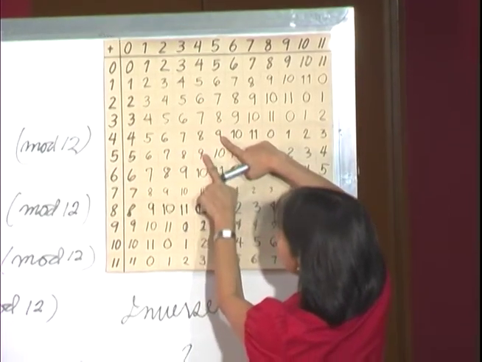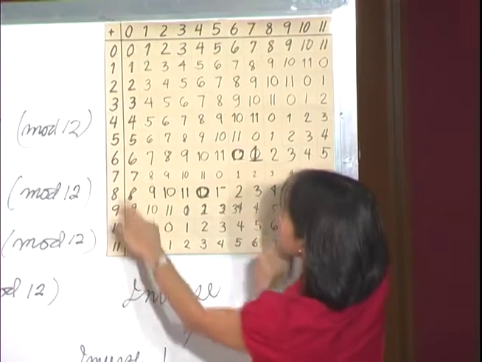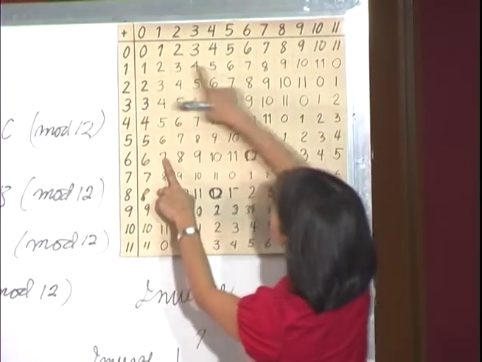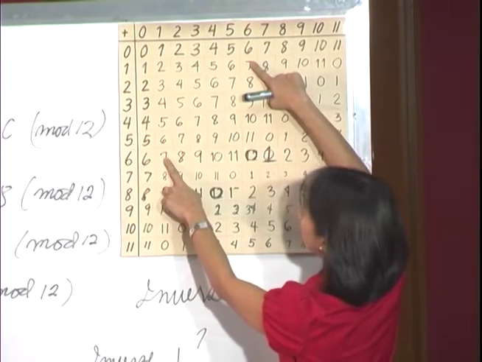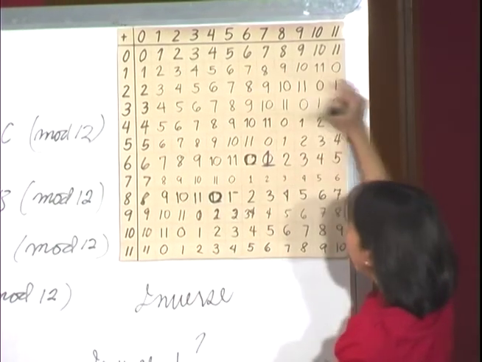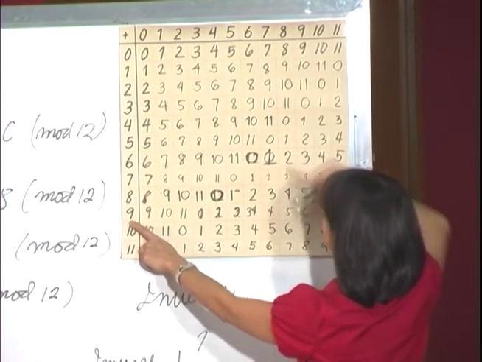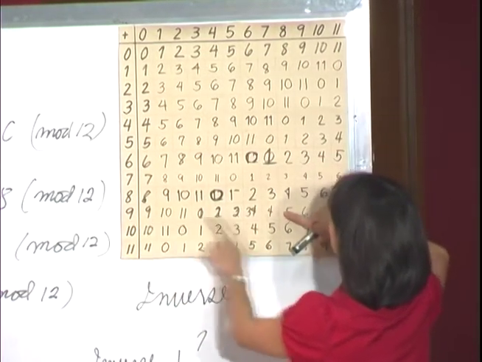Okay. What about 6 and 1? So 6 plus 1 is 7, and 1 plus 6 is 7. How about 9 and 8? 9 and 8 will give you 5, and 8 and 9 will give you 5.